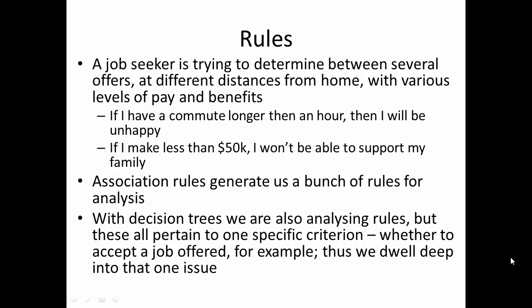So he's going to look through first perhaps the commuting, then perhaps the pay, and so forth. And finally, given the data on the job offer, he's going to come to a final conclusion. So we dwell into a set of rules that are all towards a common goal, to, let's say, classify whether we accept the job or we do not.